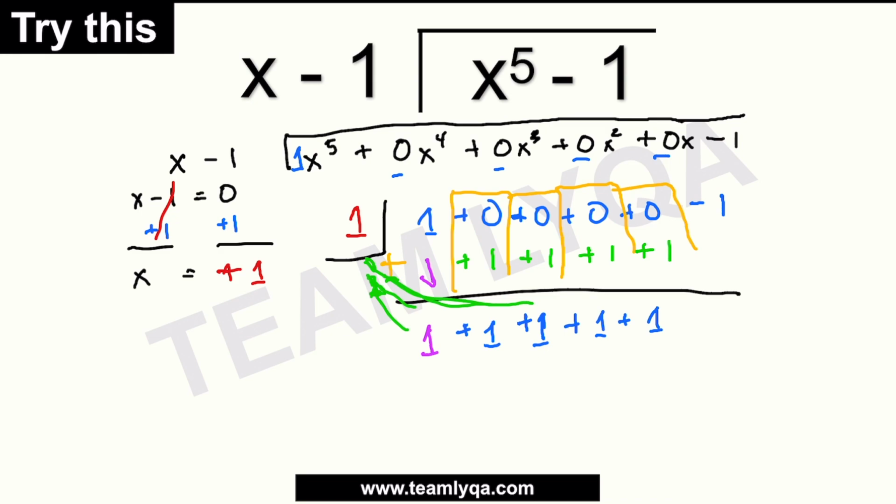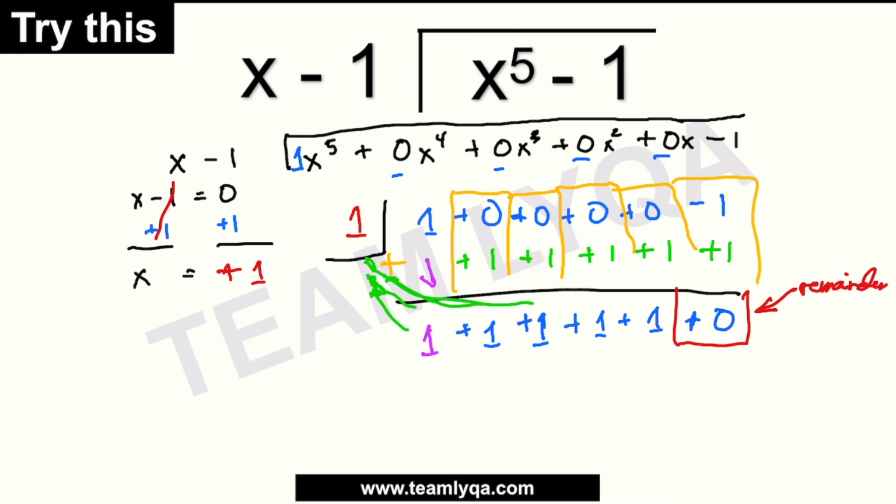Tapos, next, 1 times 1 is, again, plus 1 or positive 1. Tapos pag in-add natin ngayon itong negative 1 at saka positive 1, magiging 0 siya. So dito sa dulo, yan ay 0. Again, yung number sa dulo ang remainder natin, which means no remainder ito.